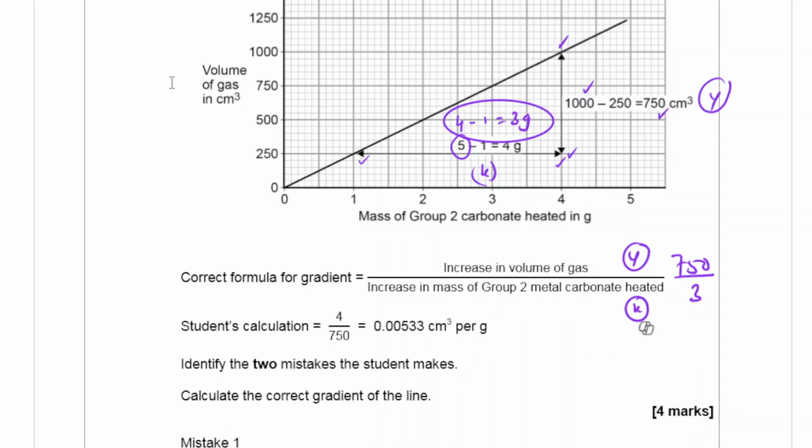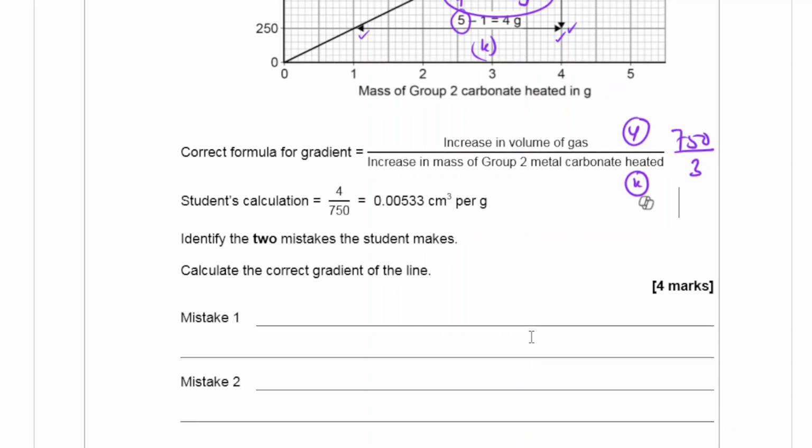So mistake 1 is volume of gas equals 3 centimeter cube, not 4 centimeter cube.